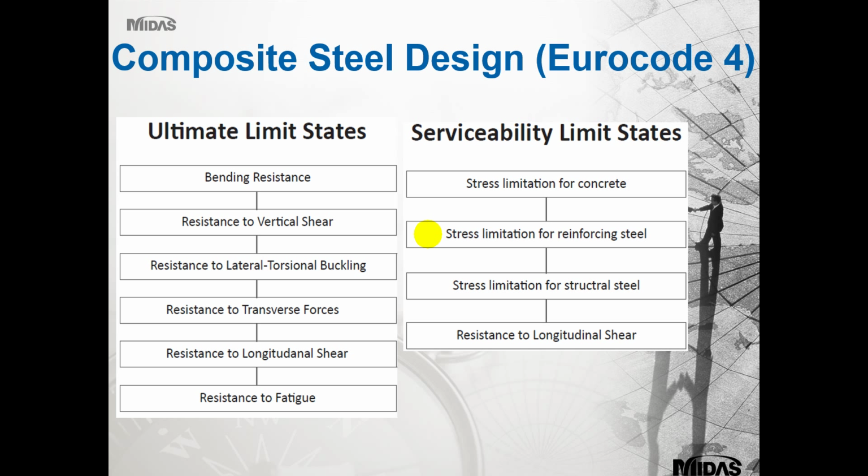Now we're going to focus on a composite steel design. So in this one, it's to Eurocode 4 first and foremost. The ultimate limit states and the serviceability limit states are slightly different from the standard steel design.